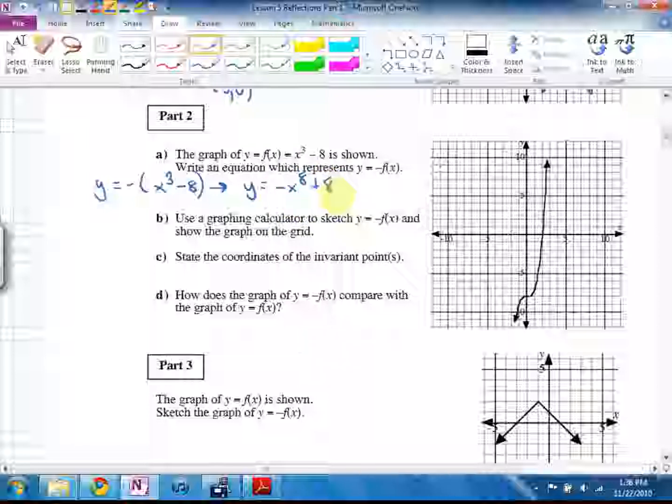Replacing y with negative y, or doing this transformation, is going to give me a vertical reflection. Add x to the 8th, thank you. Candy for you later, Luke. Thank you. My bad. But Luke, here's what's going to happen then. Every single height is going to become its opposite.